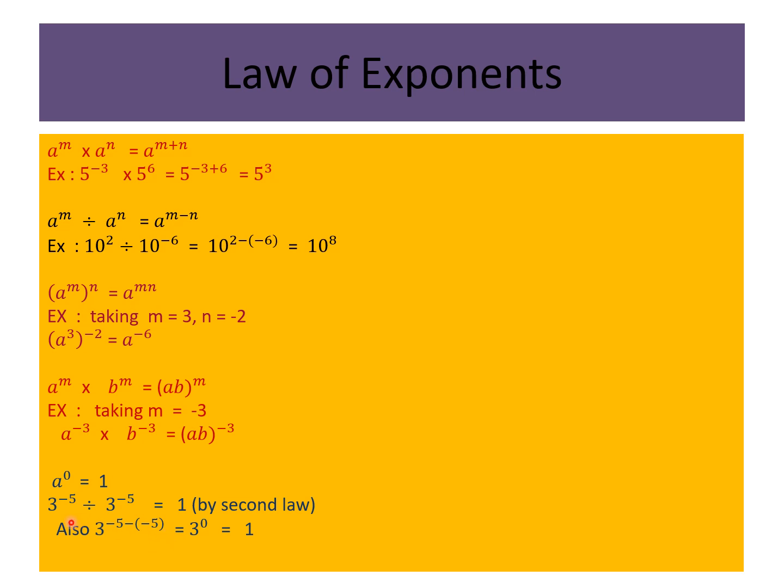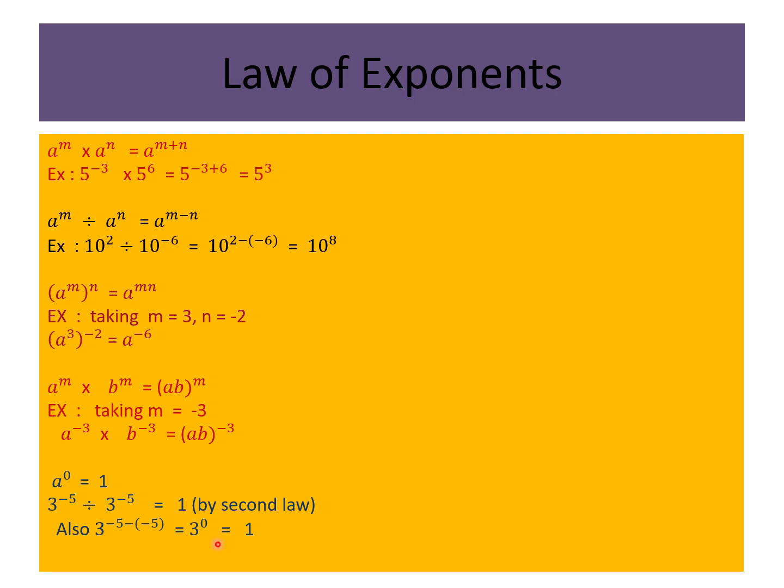Please look at the second step. 3 power minus 5 divided by 3 power minus 5 is nothing but the second law, a power m divided by a power n, which is equal to a power m minus n. That only I have applied here. So 3 power minus 5 minus of minus 5 is equal to 3 power 0. Minus 5 plus 5 is 0. 3 power 0 equal to 1.